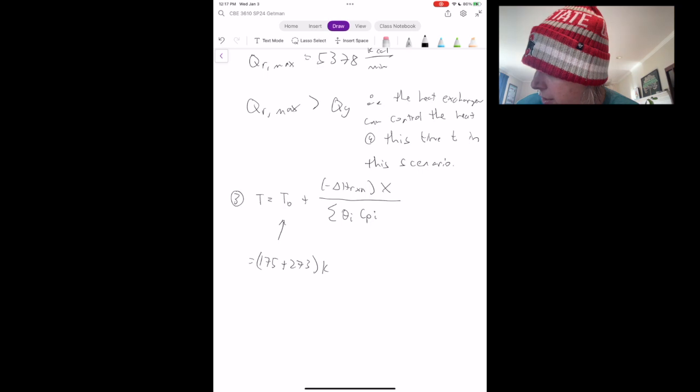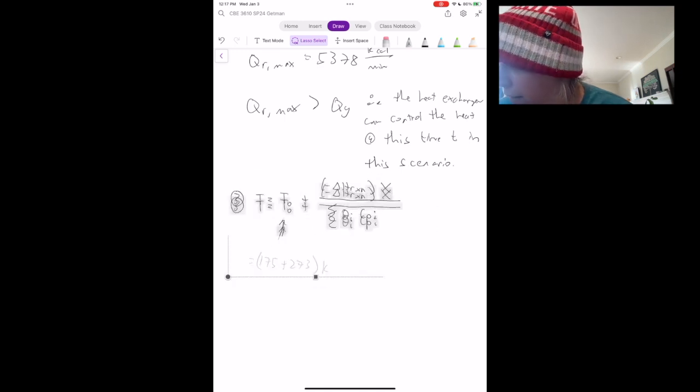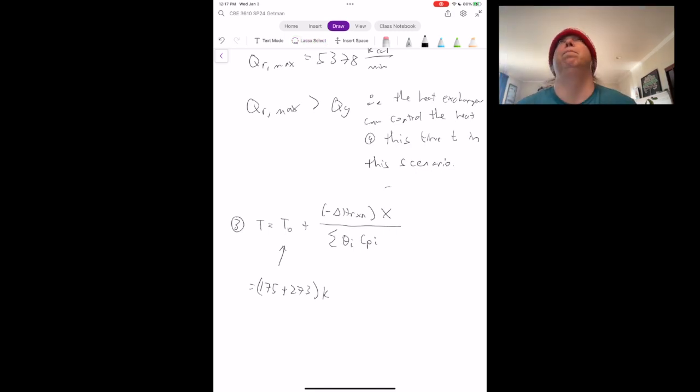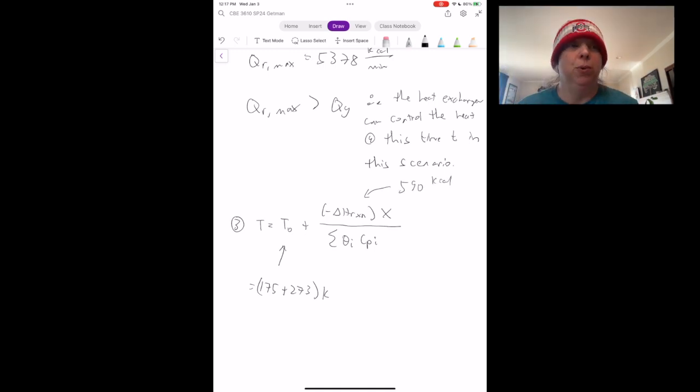The heat of reaction is negative 590 kilocalories per mole. So the negative heat of reaction is 590 kilocalories per mole. That's important: if you have an exothermic reaction, it's going to be increasing the temperature, so you want this term to be positive.